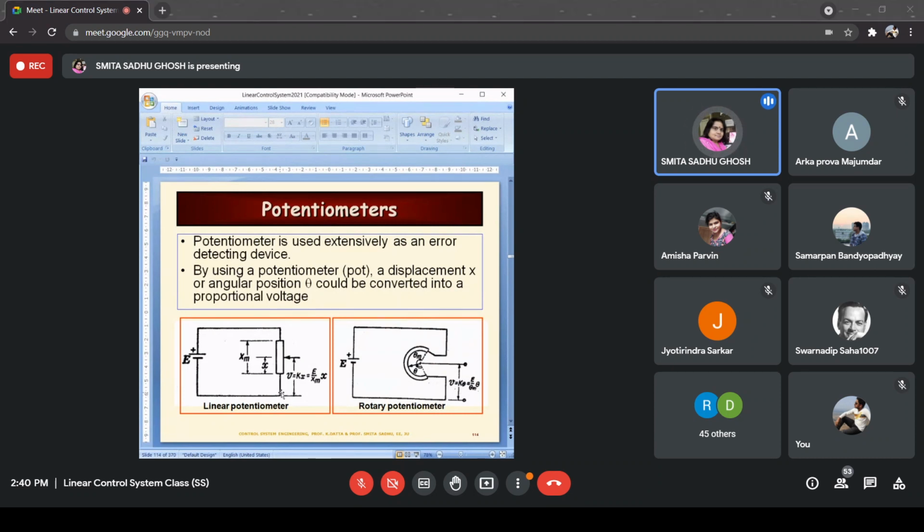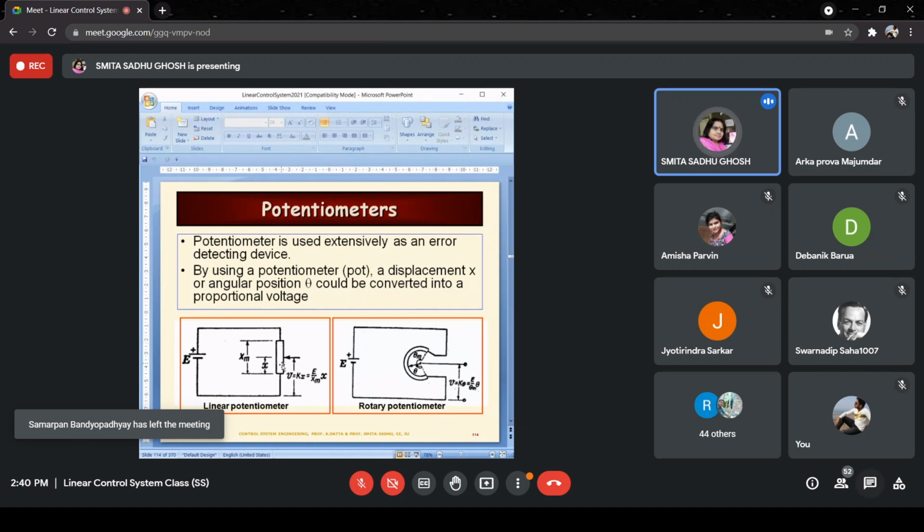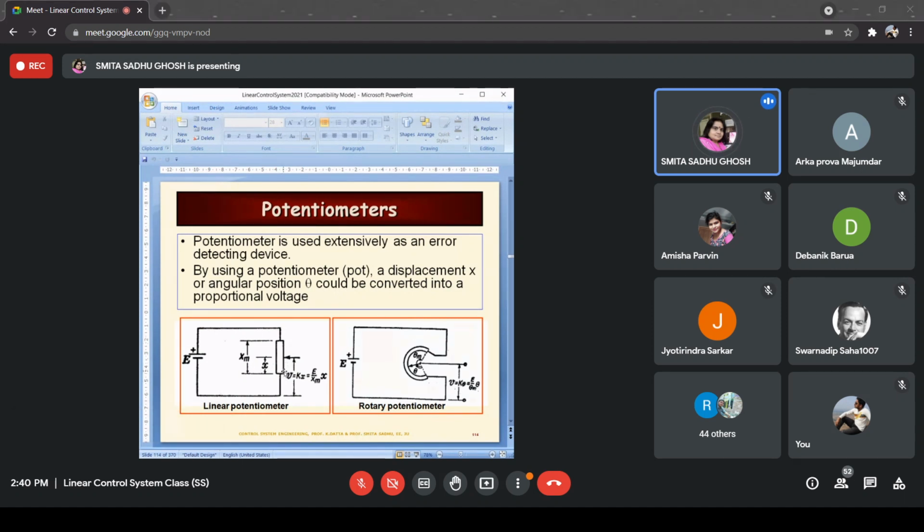So there is a pointer over here, and you can slide the pointer along this resistive element.